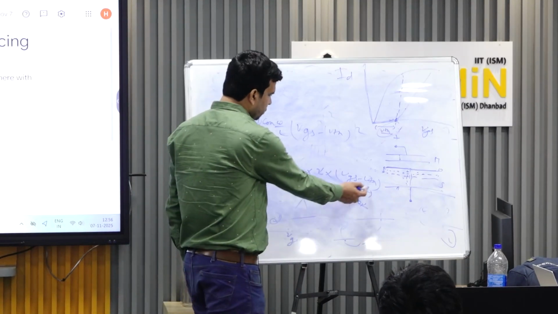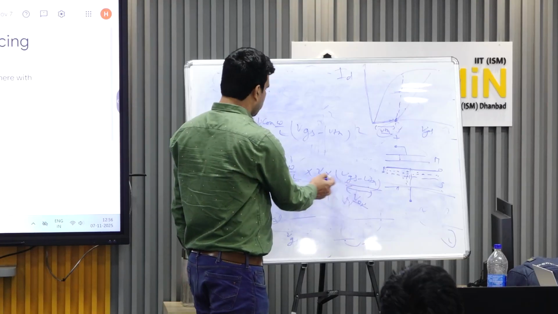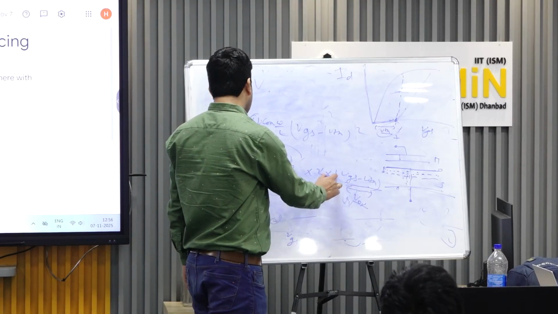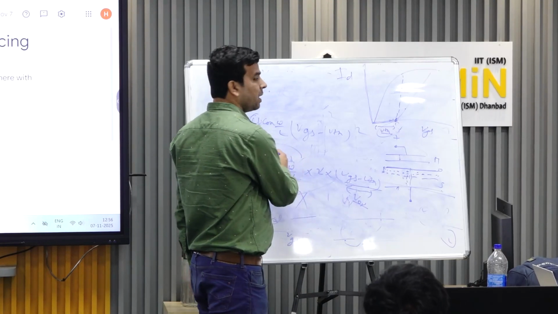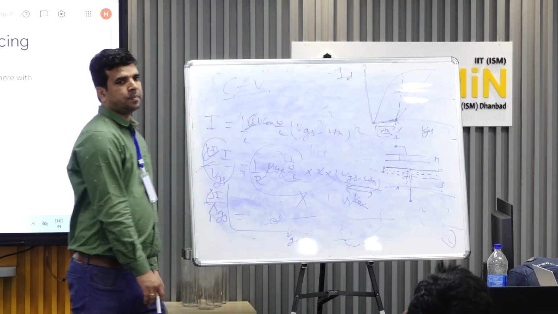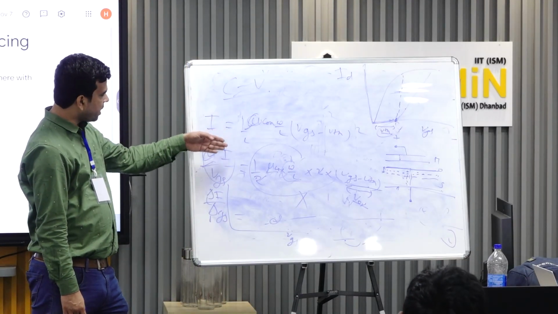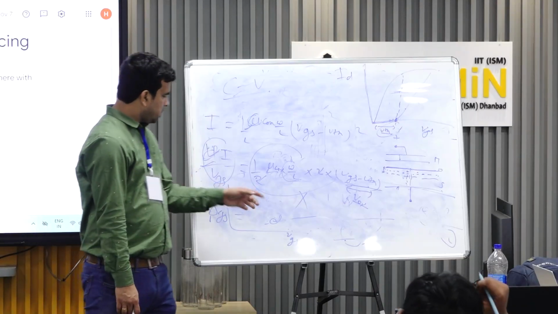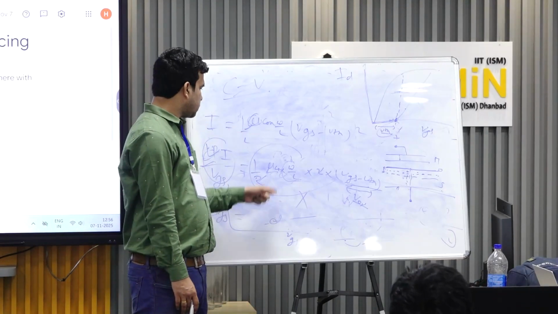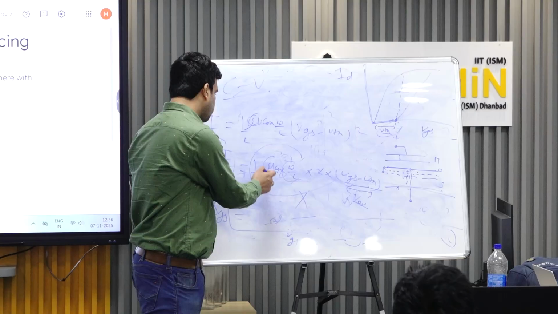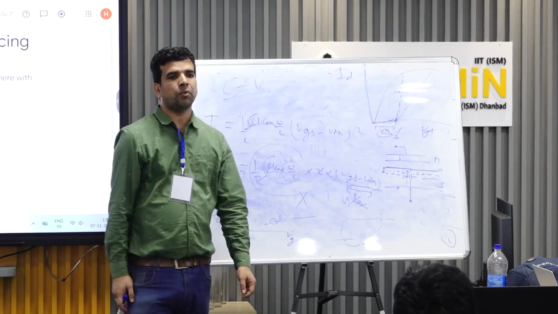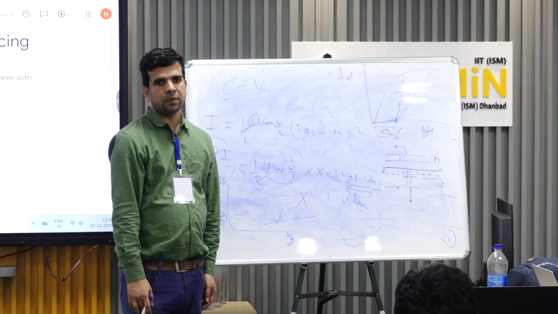If you plot it with shifting, with overdrive also, then the slope should give you mu Cox W by L. W by L is known.